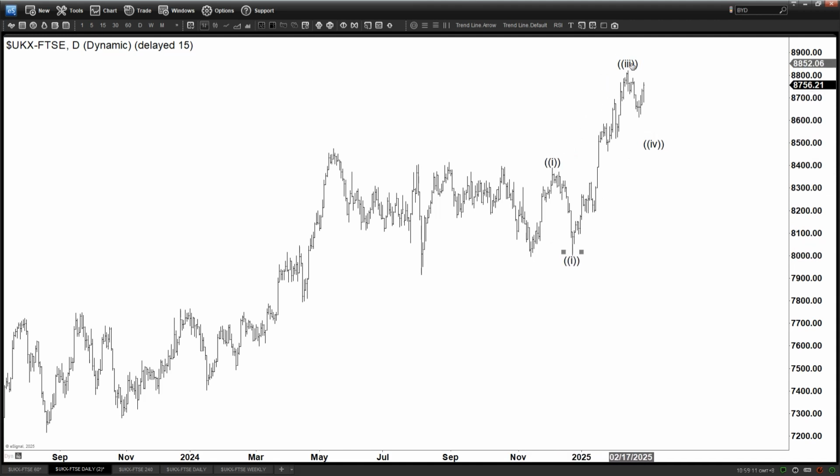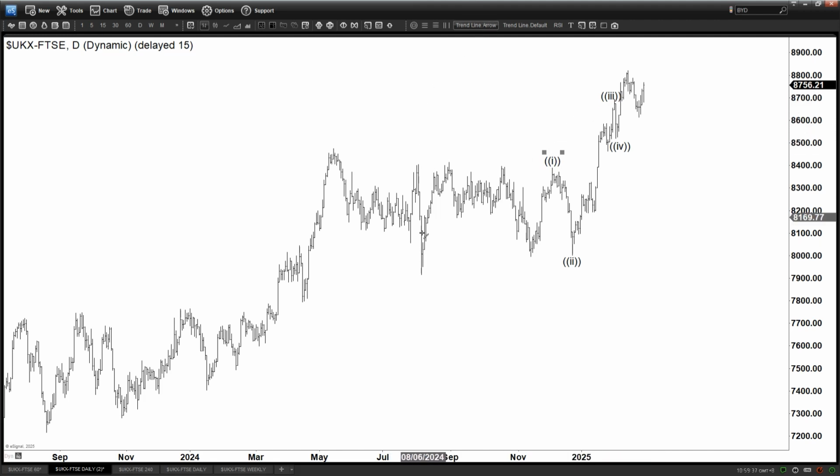It looks like you can say 3 and 4 here, but it's a little bit shallow compared to this, so it is possible that it is ending. I could place 3 and 4 here, and this is a 5, but that still doesn't mean we are done already in terms of the rally.